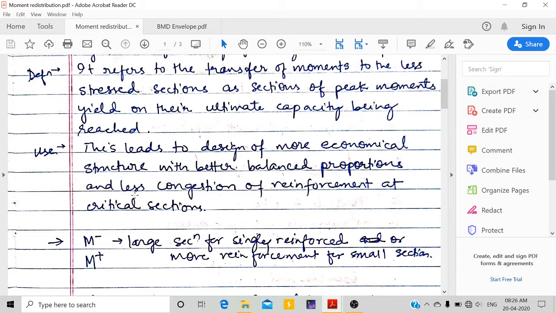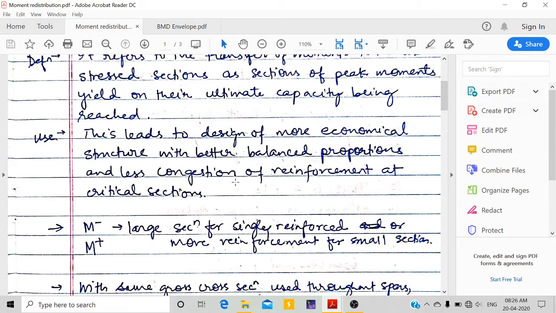Because here the difference between the peak moments, positive and negative, is reduced, you are going to get the reinforcement proper. And there is less congestion of reinforcement at critical sections because you are reducing the moments, so the reinforcement is reduced.